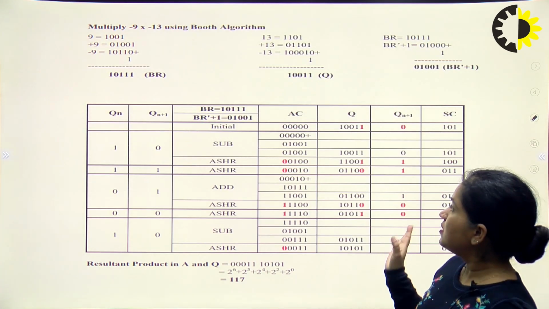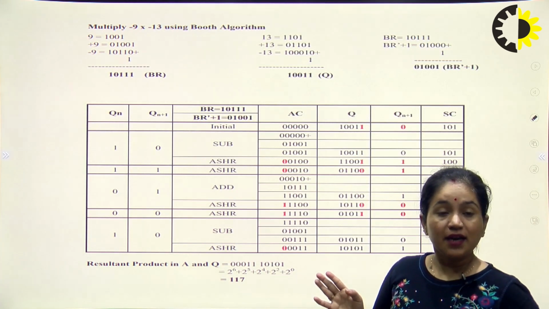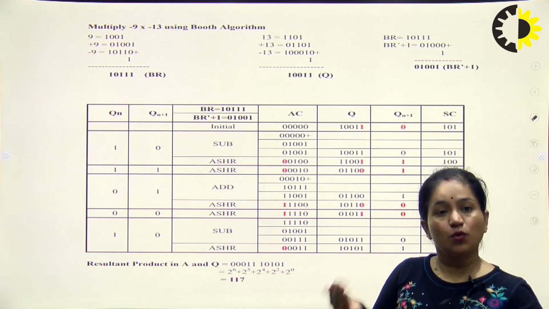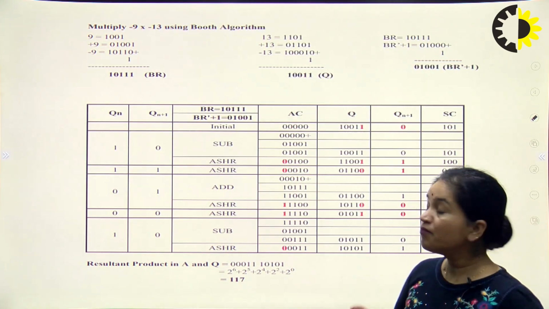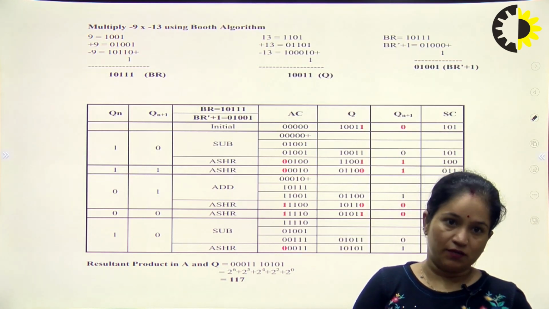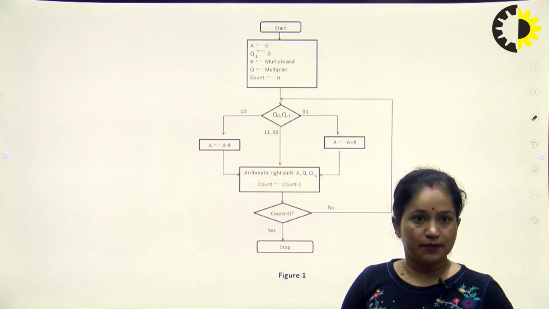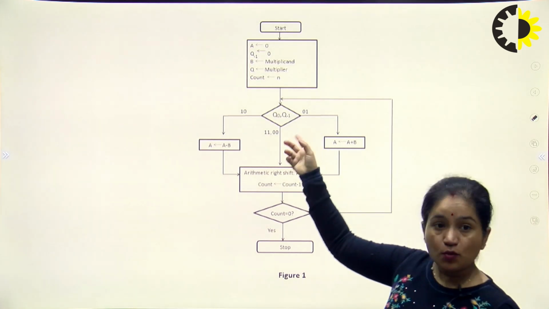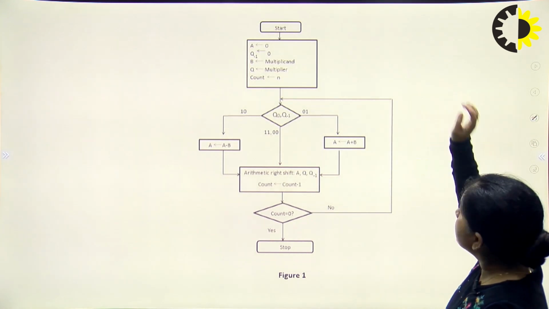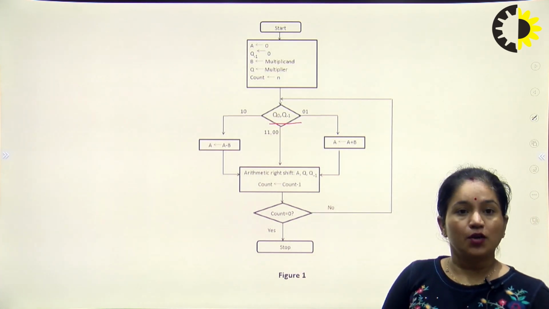Always remember, in Q we are taking the multiplier, so the rightmost bit, whether 0 or 1, there can be only two possibilities, will go in as the value of Q naught. So there will be two values, q naught and q minus 1, and we will decide on the basis of q naught and q minus 1.